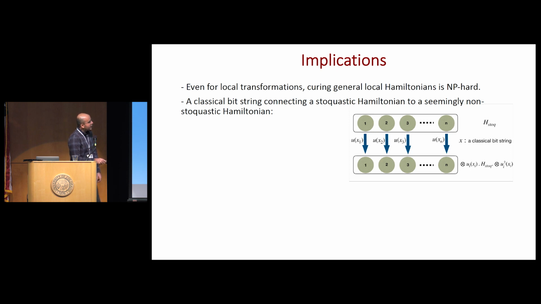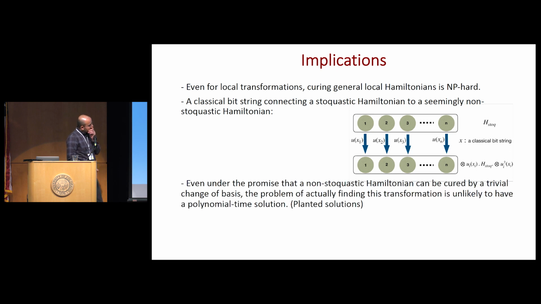So the new Hamiltonian in this new basis would be non-stochastic. The bit string that defines this choice of Clifford operators would act as some key or classical bit string that maps the non-stochastic Hamiltonian into a stochastic Hamiltonian.